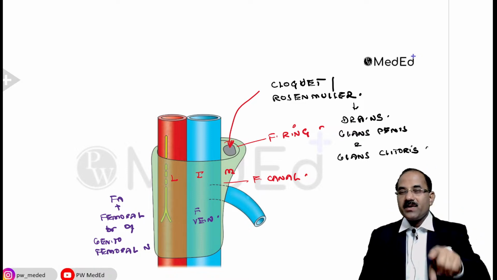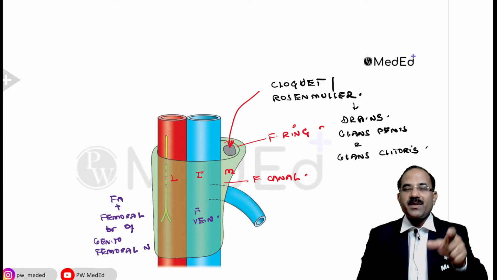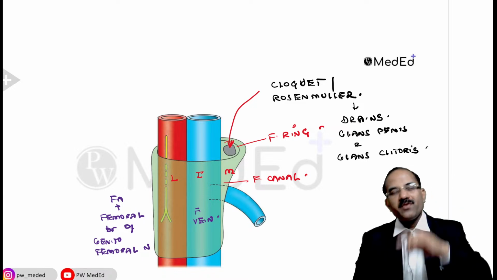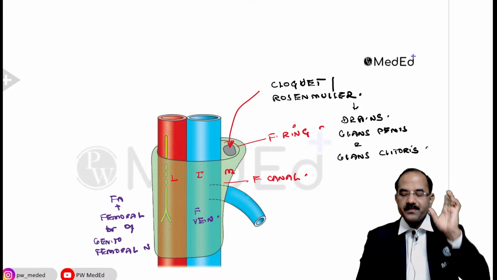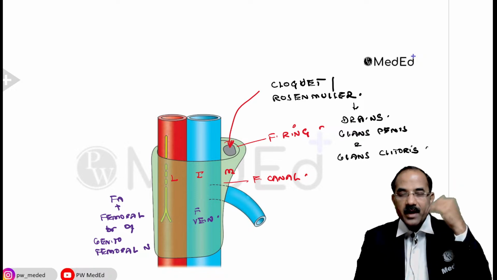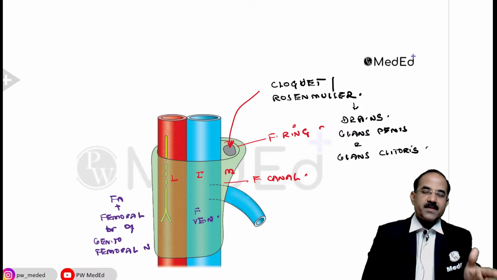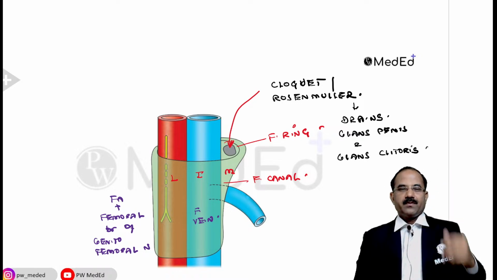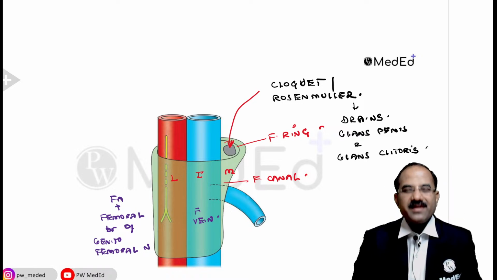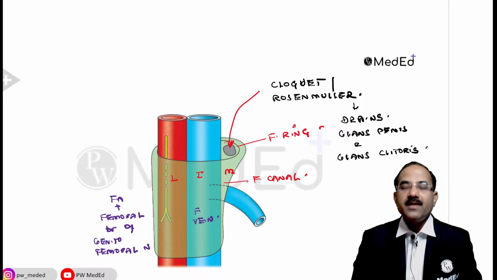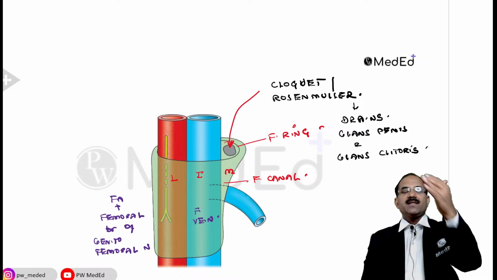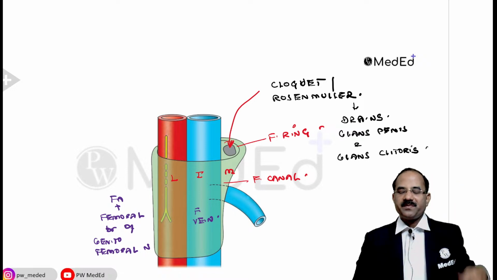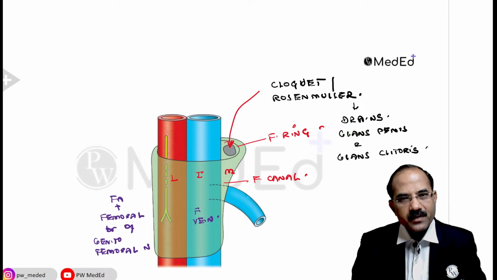But बच्चों, अगर MCQ है glans penis and the glans clitoris drains into, your answer is the deep inguinal lymph nodes, and that is lymph node of Cloquet. Clear है बच्चों? Is this clear to all of you?